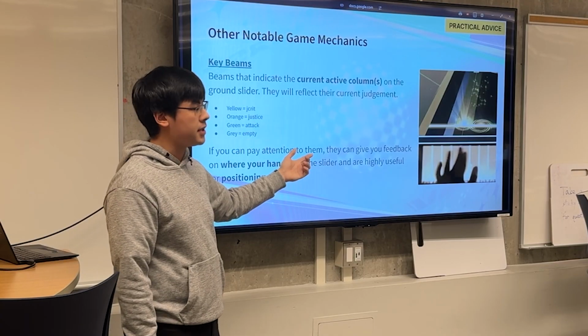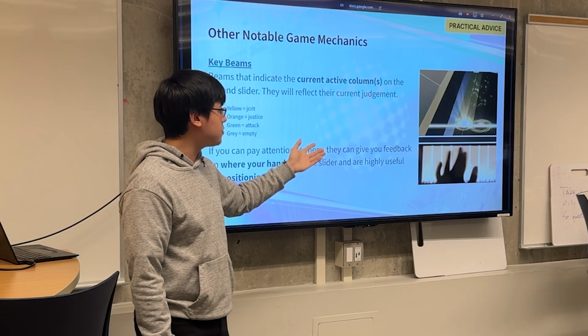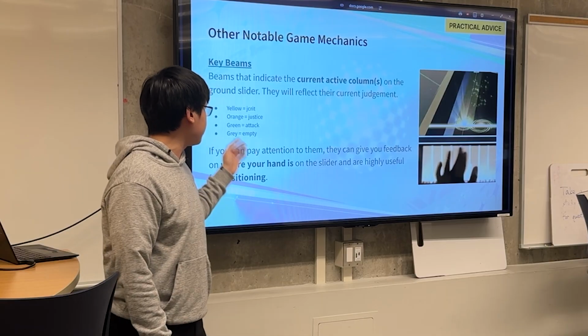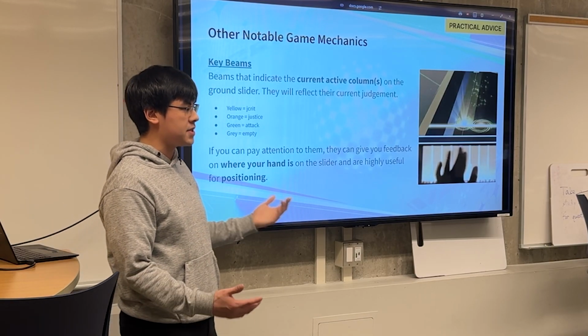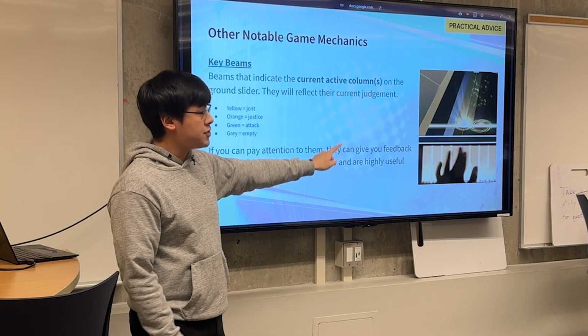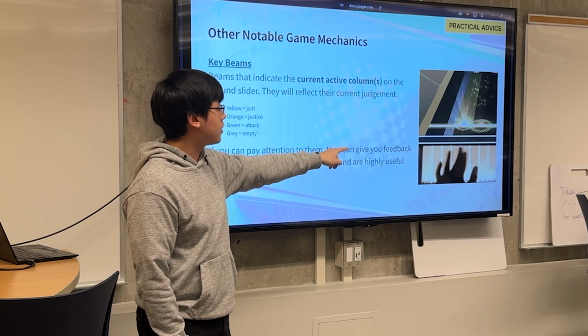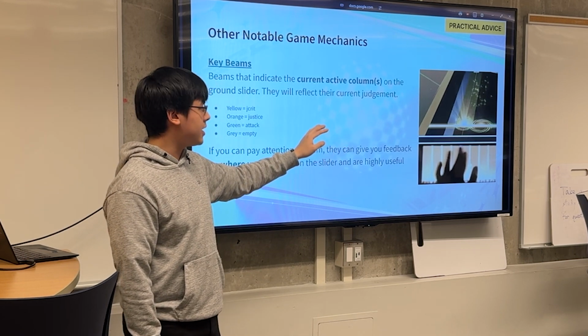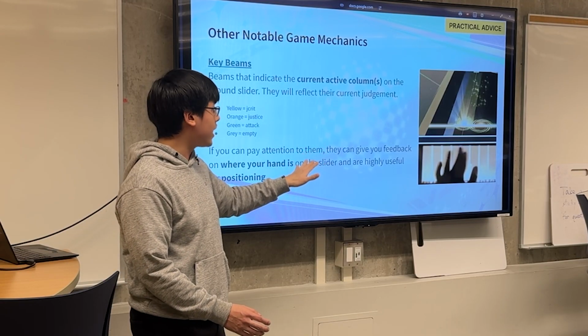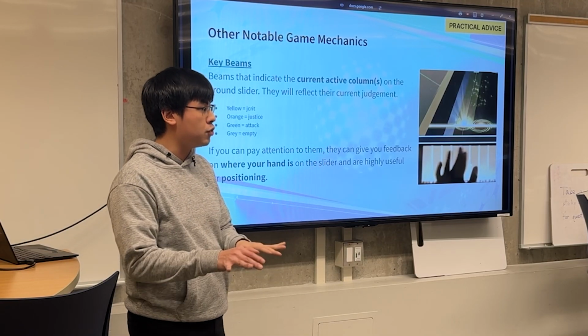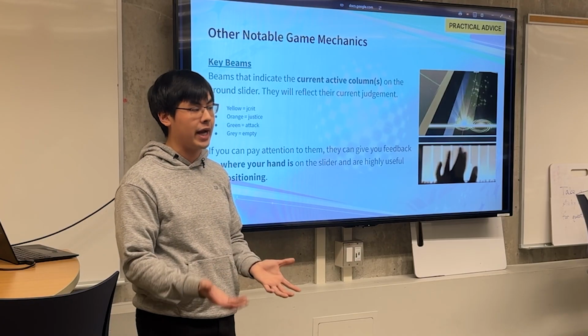If it is yellow, that means you hit whatever the note was with just critical accuracy. If it's orange, you hit it with justice. If it's green, it's an attack. And if you missed it, you missed it. It flashes white for anything that's not a current active note. So that is really helpful to pay attention to if you're trying to hit patterns that are moving or you aren't entirely sure where your hands are.